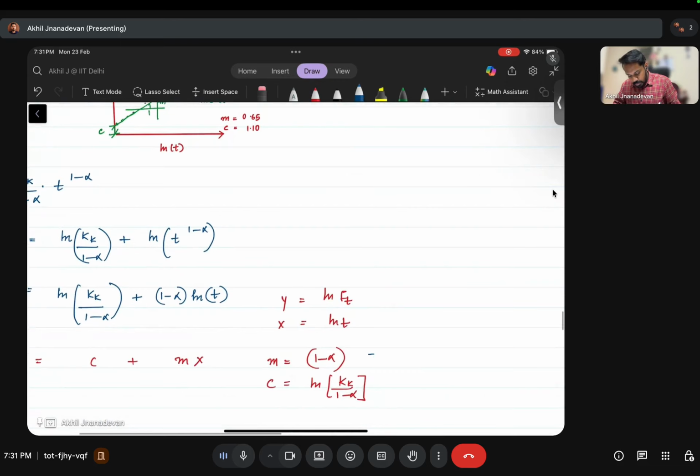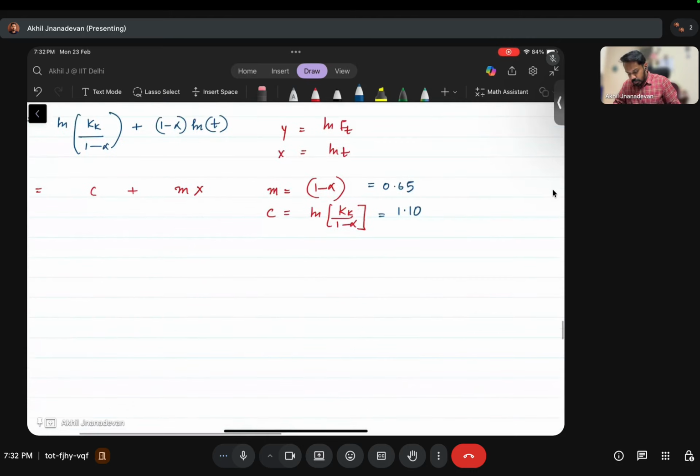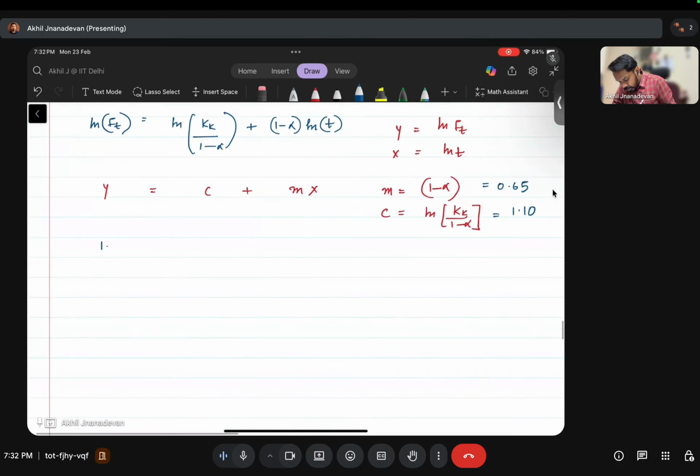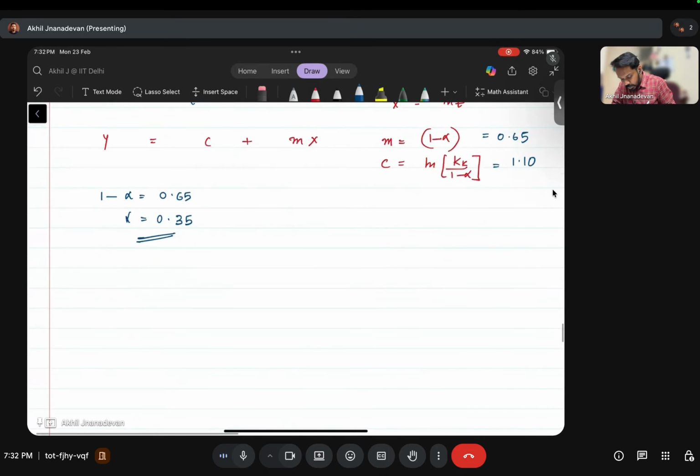So 1 − α is equal to 0.65 and c is equal to 1.10. If 1 − α is equal to 0.65, then we can find alpha from here. One of the parameters, alpha, will be equal to 0.35.